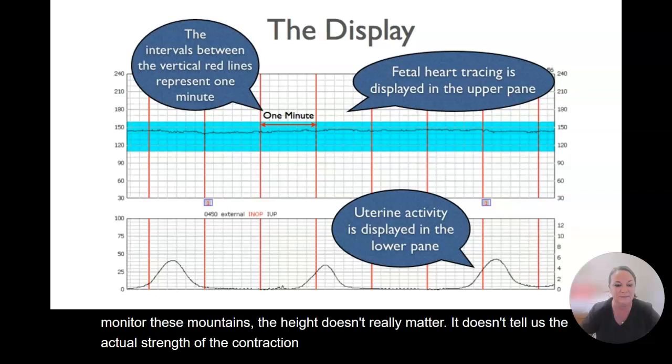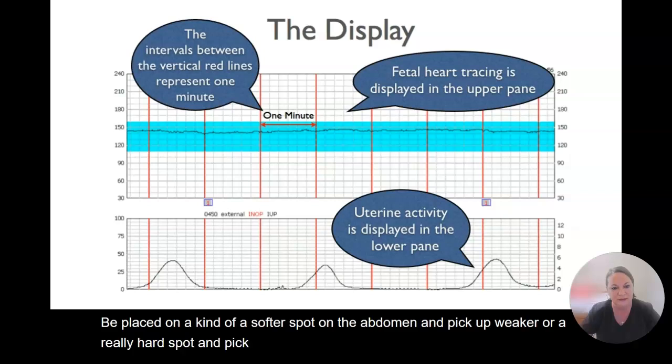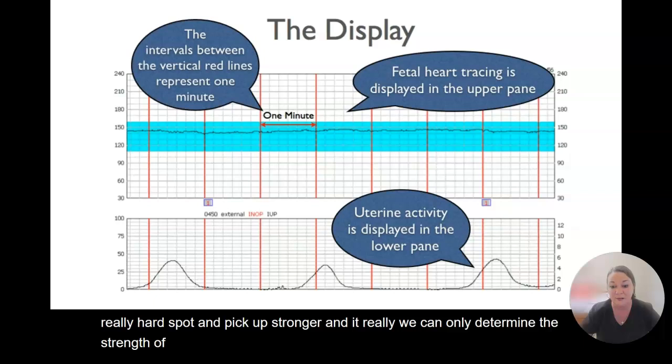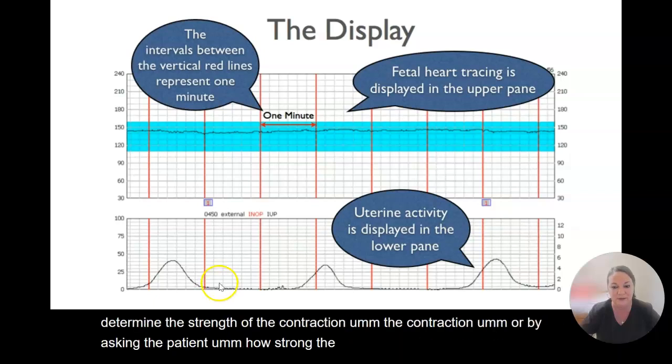It can be placed on a softer spot on the abdomen and pick up weaker, or a really hard spot and pick up stronger. We can only determine the strength of the contraction by palpating it, or by asking the patient how strong the contractions are, her pain level.